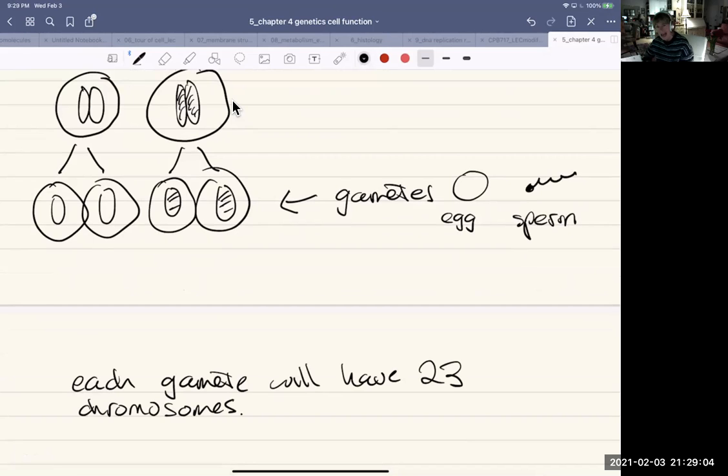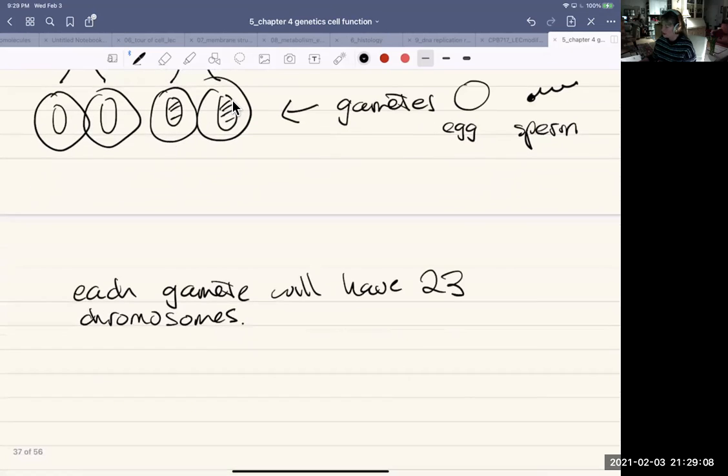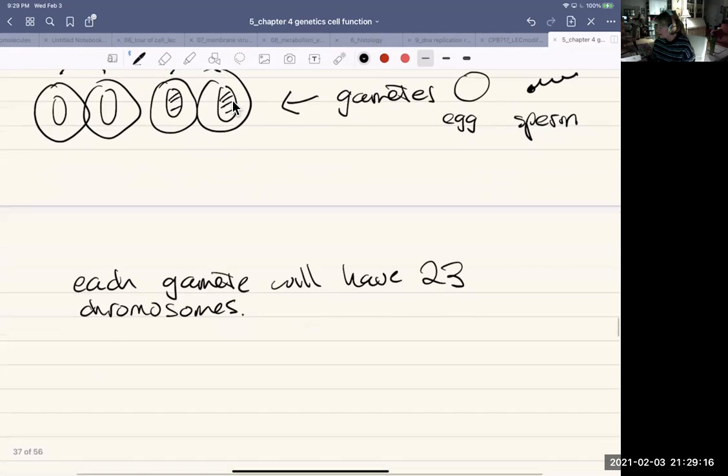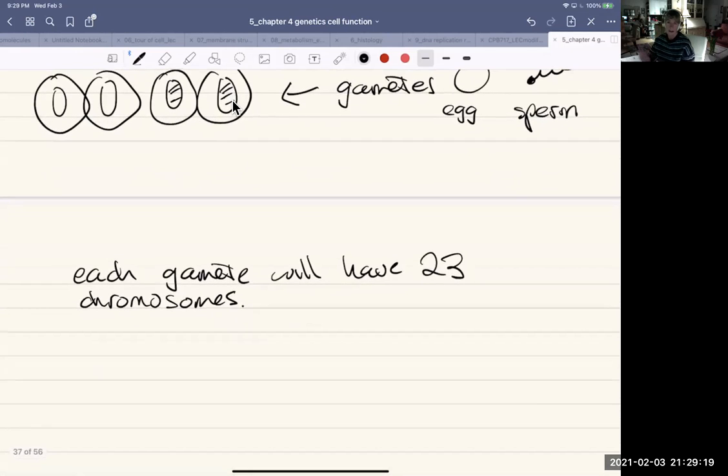So you have to halve the number of chromosomes during meiosis. And that way, when fertilization happens, you'll have the same number, 46. And it will be stable or maintained throughout generations.